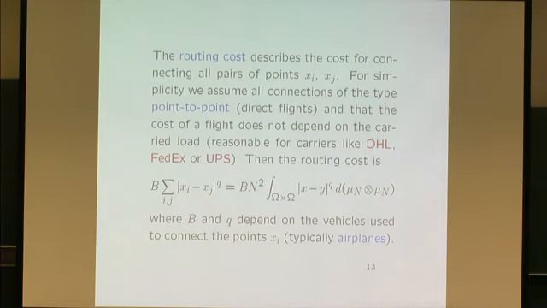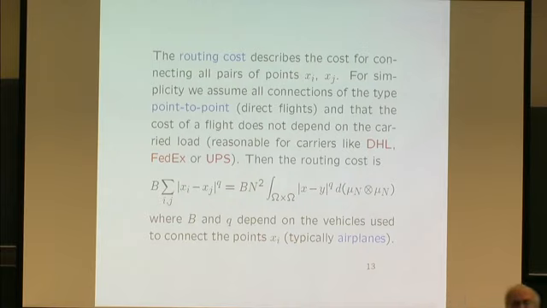So the first simplification is this point to point, and the second one, which is more severe, is that the cost of the flight does not depend on the weight you are carrying. So this is why this model is very good for a carrier like UPS, FedEx, or DHL, but is not very good for a passenger company, because in a passenger flight, there is a big difference if you fly with the empty airplane or with an airplane full of people.